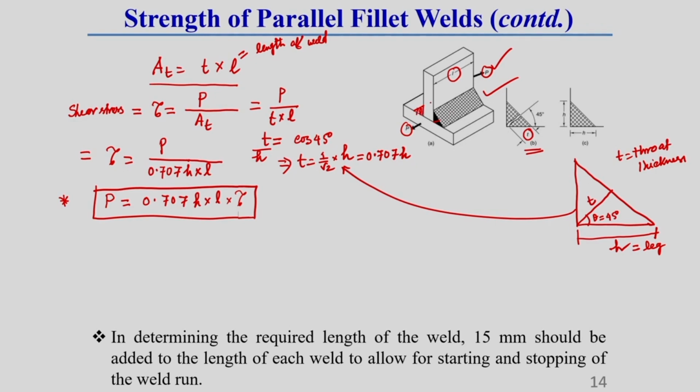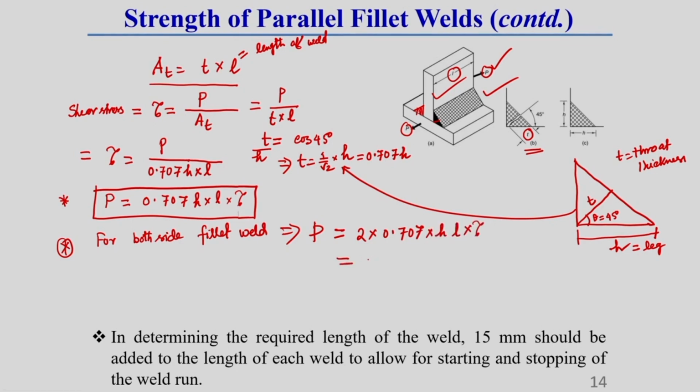So, if there are two different fillet welds on both sides of this vertical plate, then for both side fillet weld, one thing you should keep in mind, this strength equation will be 2 into 0.707 H into L into tau.